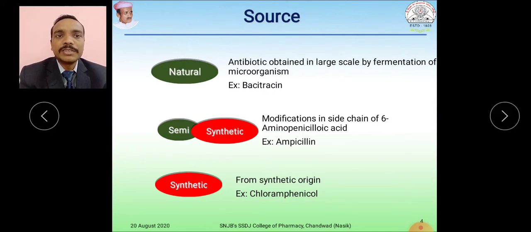Natural source means the antibiotic is obtained on a large scale by fermentation of a microorganism, for example bacitracin. They are totally from natural sources.